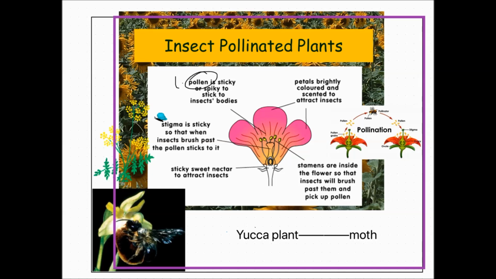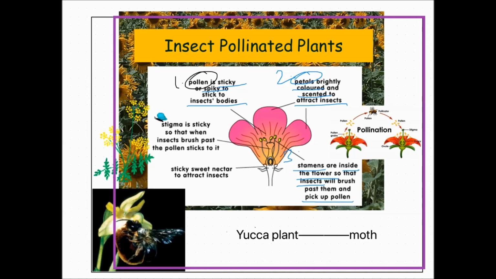First of all, pollens. Its pollen will be sticky or spiky so that it can easily stick to the insect's body. Second one, petals will be brightly colored and scented also so that they can attract the insects. Third one, its stamen will be inside the flower so that an insect can sit on that and pick up the pollen.